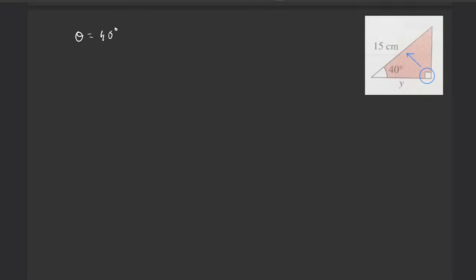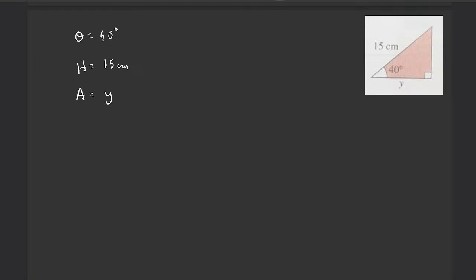And our hypotenuse h is equal to 15 cm. We also know the side that the angle sits on, or better known as the adjacent. So we know A is equal to y. Of course, that's what we want to find, right?